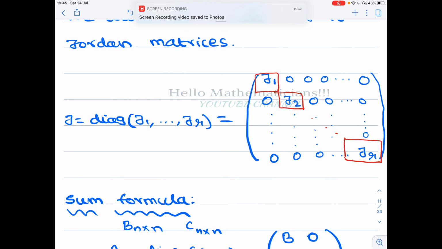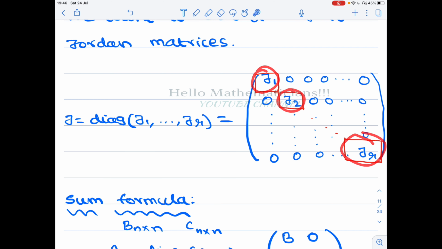Then we defined a Jordan matrix. What is a Jordan matrix? It is a matrix with diagonal blocks, and each block is a Jordan block. Everywhere else it is 0. Now each Jordan block corresponds to one eigenvalue.